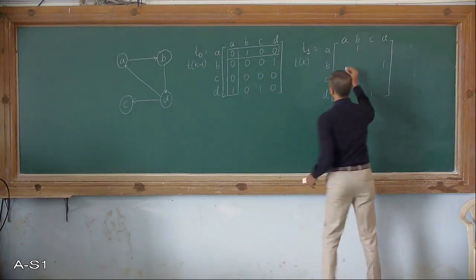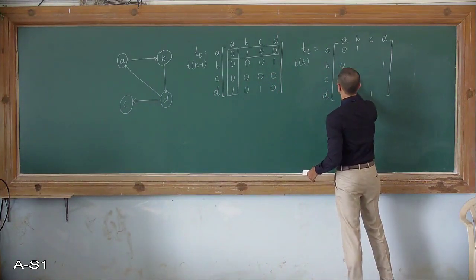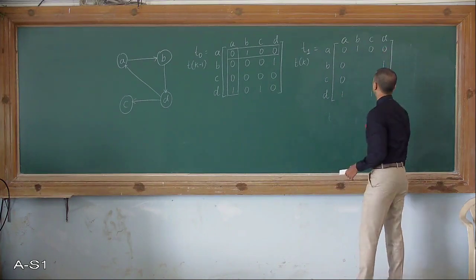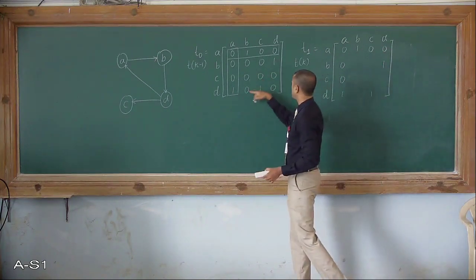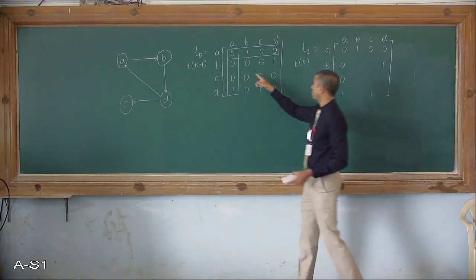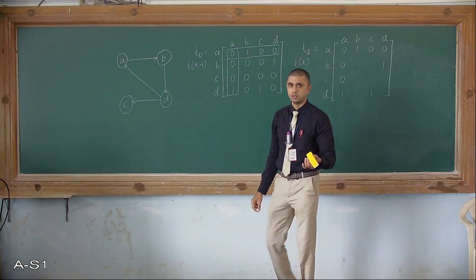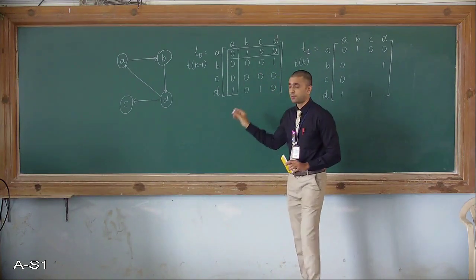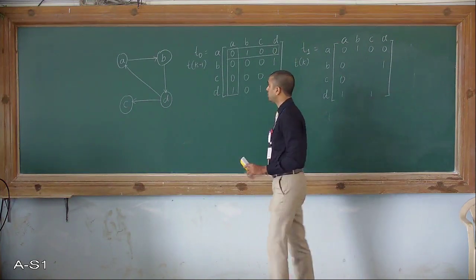So write the values of that intermediate vertex, keep them as they are. Wherever there are zeros remaining, I'm going to try to convert them to 1 using the transitive closure property and following that rule. What does that rule tell?